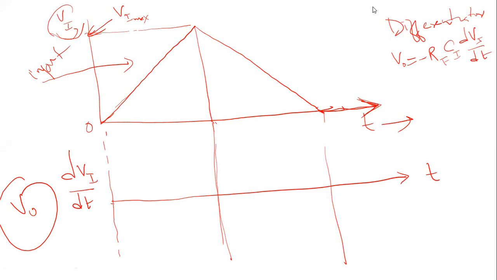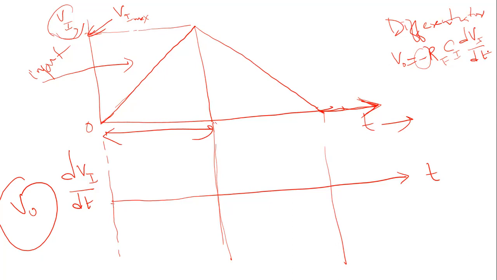Right. So here, between this interval, you find that the slope is a constant, isn't it? dVi upon dt will be constant. It will result in a certain positive constant. But there is a minus sign here because in the differentiator circuit, if you remember, the input is supplied to the inverting terminal. So because of that, output voltage is always minus of certain quantities multiplied with the input.